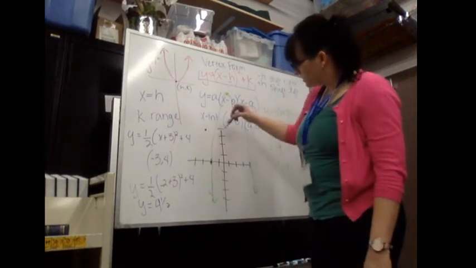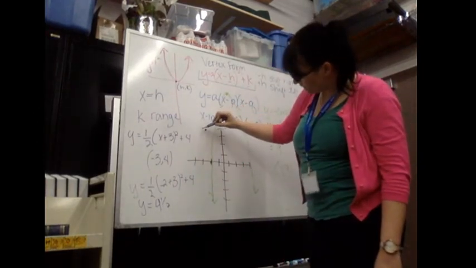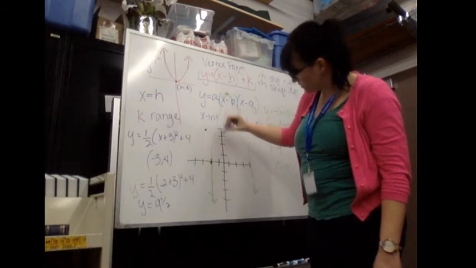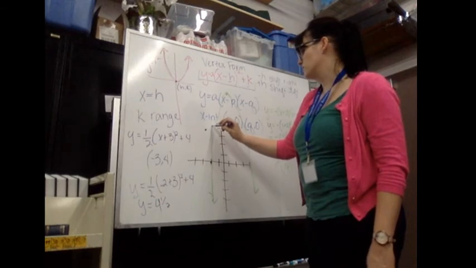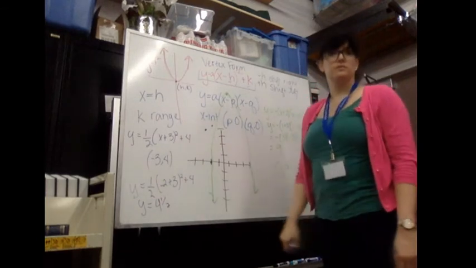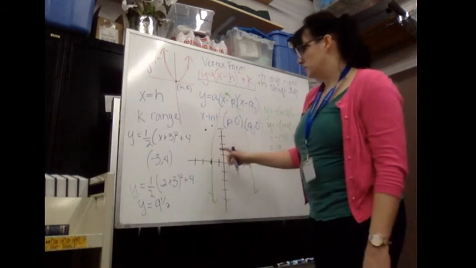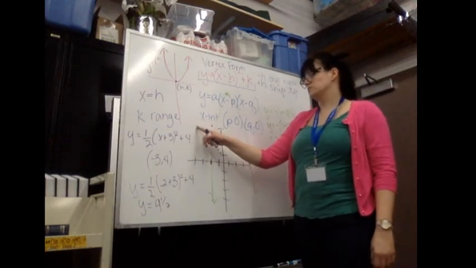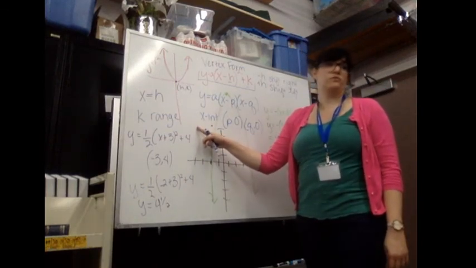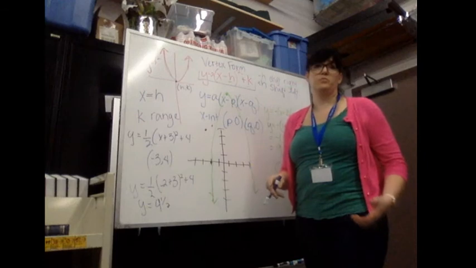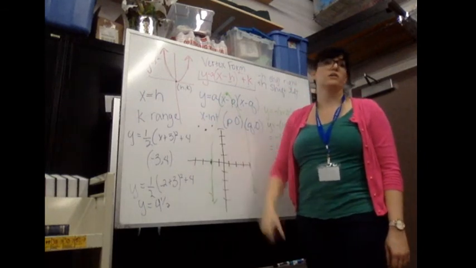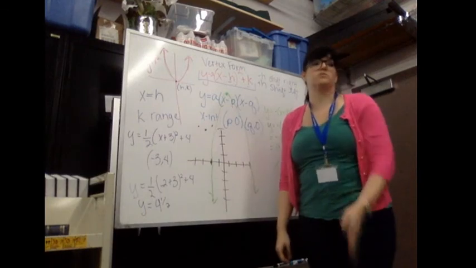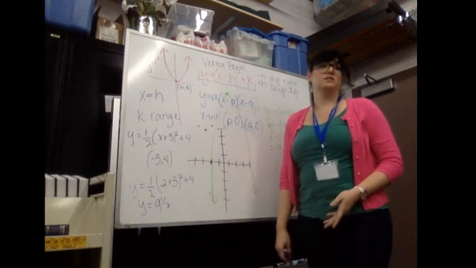So, at negative 2, 4.5. Then if I plug in negative 4, I will also get 4.5. And how do I know that? Because I will always get the same y value, the same distance away from the axis of symmetry. Does that make sense?